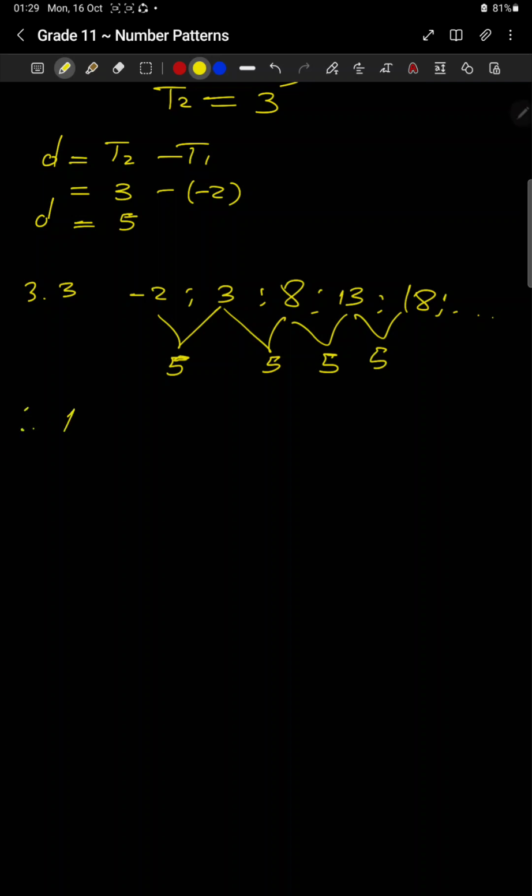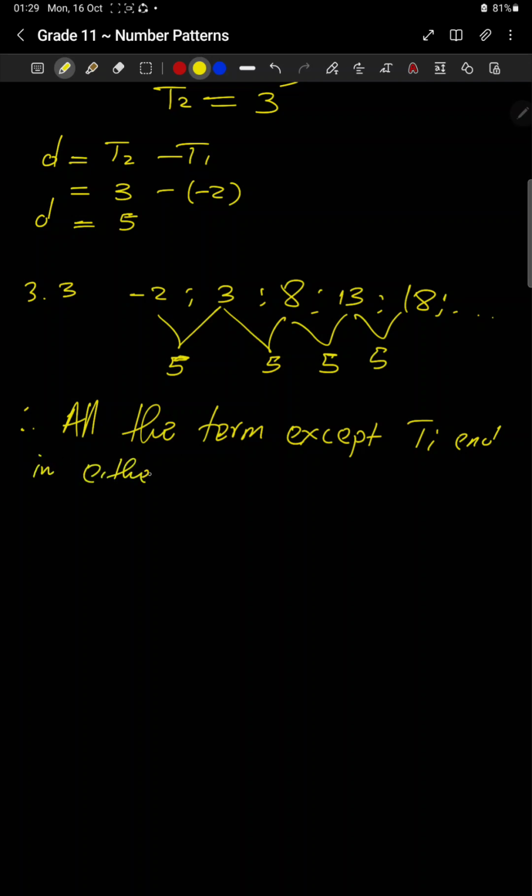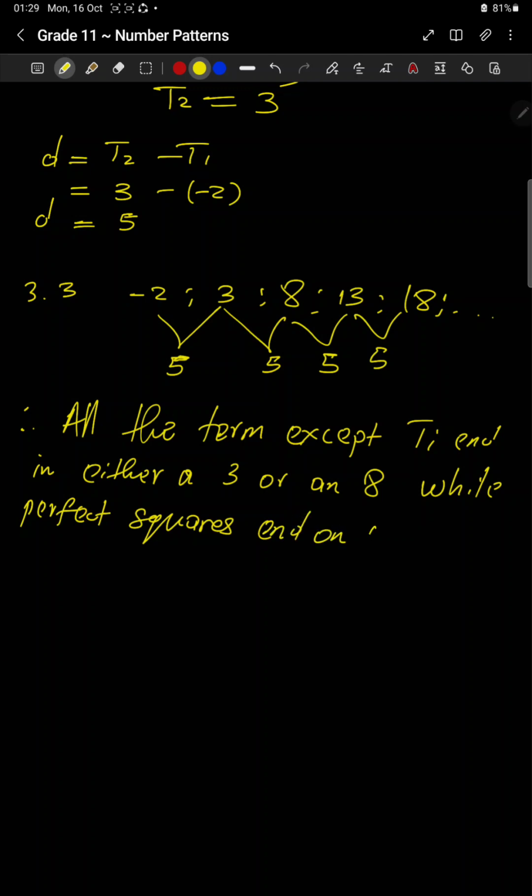So we say therefore all the terms, except t1, end in either 3 or 8, while perfect squares end on 0, 1, 4.